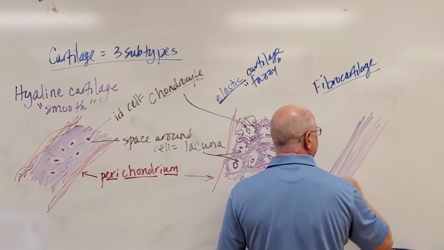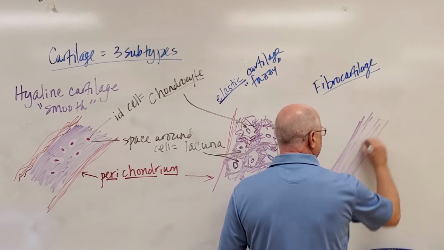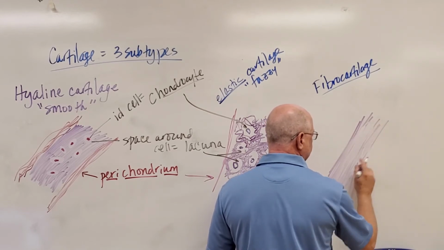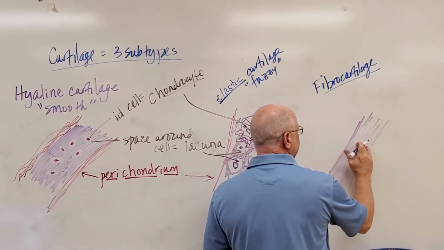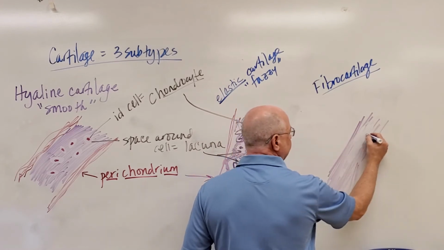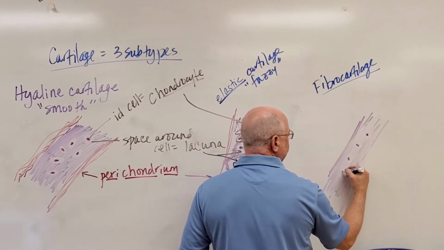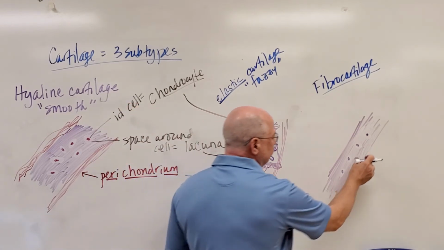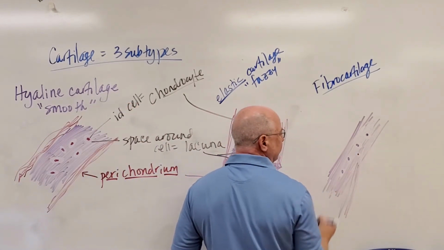And very often there is some hyaline cartilage off to the side of fibrocartilage. So you'll see this smooth purple background, and you'll see some empty spaces in here. I know this probably isn't showing up very well on the camera, but I'm going to try to show you the best I can. And so I'll see all these lacunae with chondrocytes in them, right?